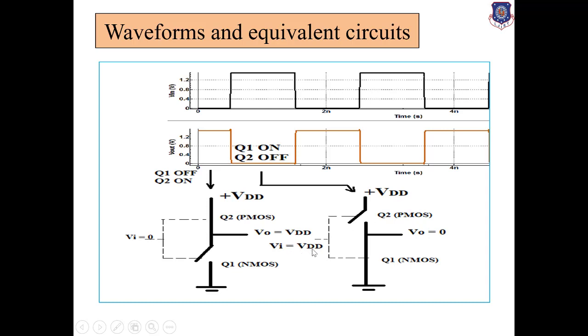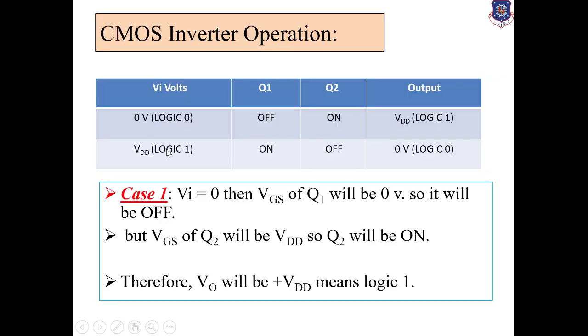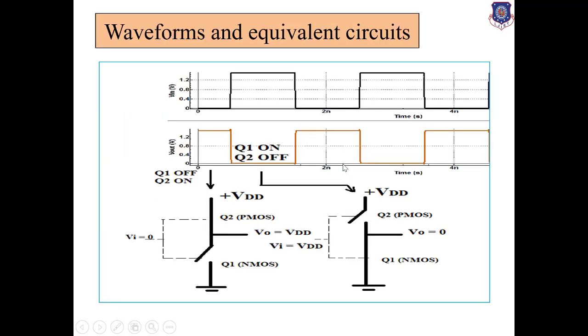Similarly, if input is VDD, the cases will be reversed, Q1 on and Q2 off. So Q1 will be short circuit and Q2 will be open circuit.